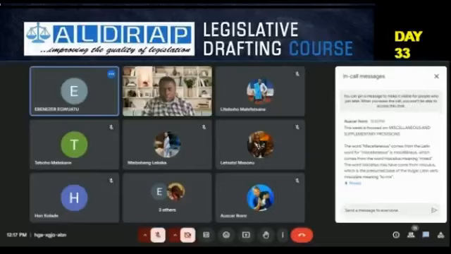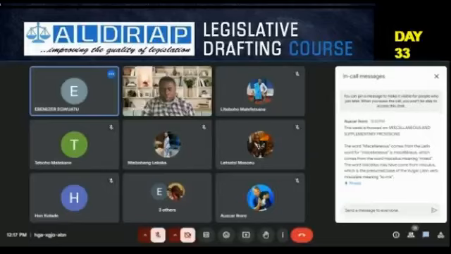Understand that the preliminary provisions are the introductory parts of the bill, the initial parts of the bill. The principal provision is the main thrust of the bill, the meat of the bill.